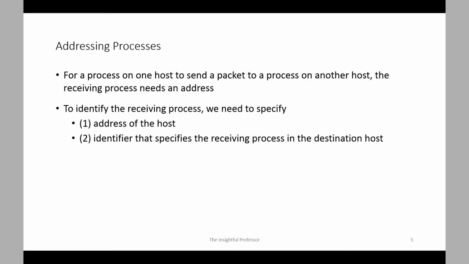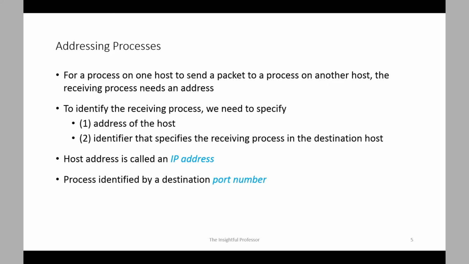Now, to identify the receiving process, two pieces of information are necessary: the address of the actual machine or host on which the process is running, and the identifier that indicates the receiving process within that host. The host address is what we call an IP address. The process is identified through a special value called a port number.